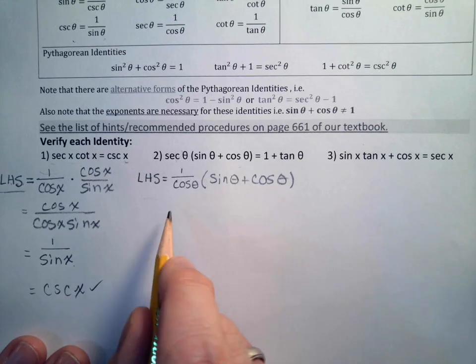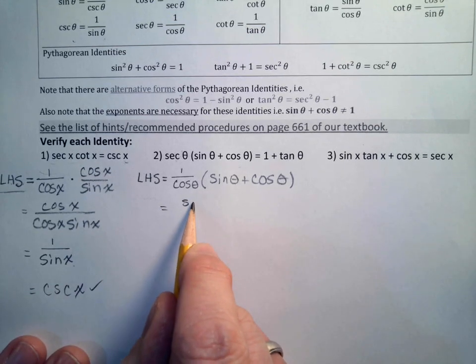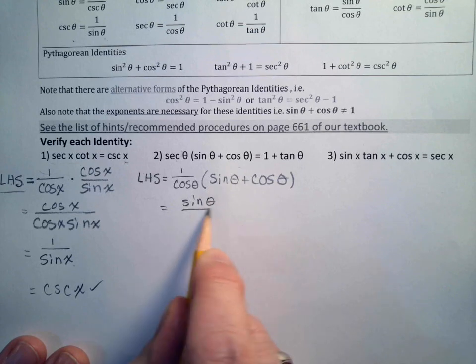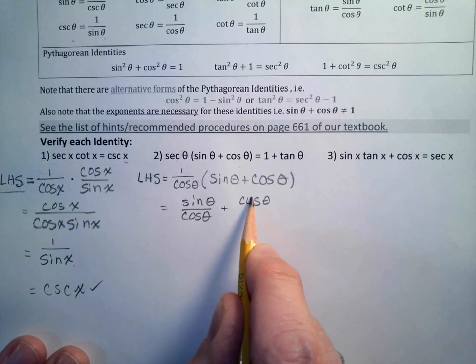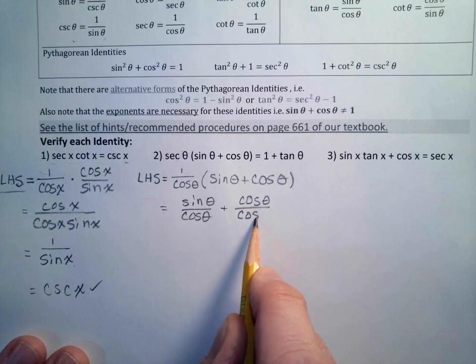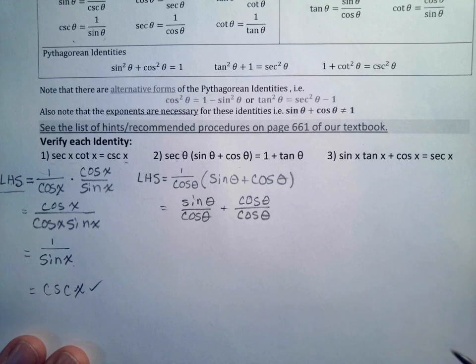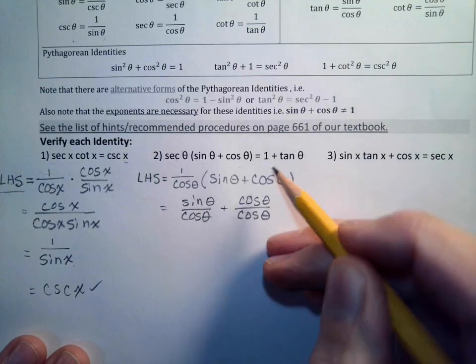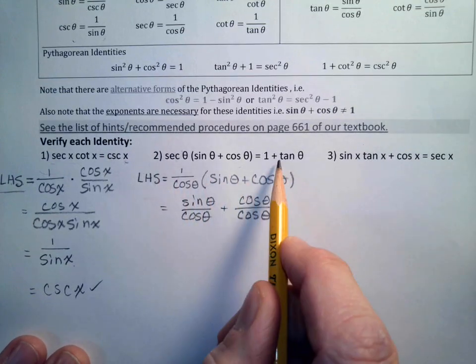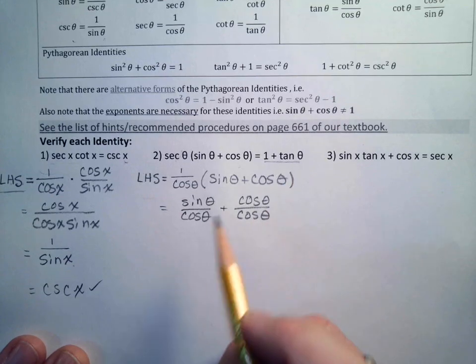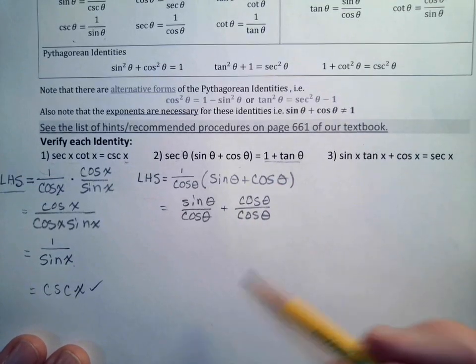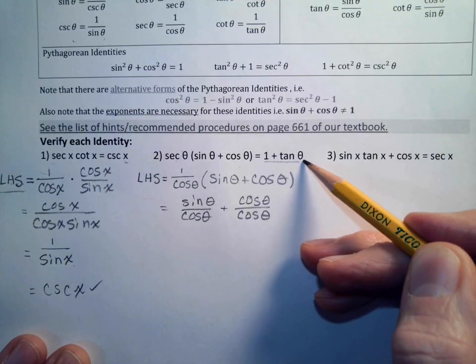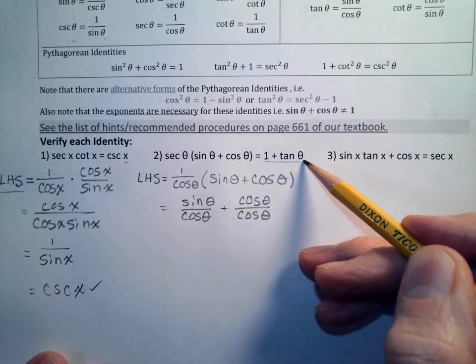And if I distribute those, what do I get? I get sine theta over cosine theta plus cosine theta over cosine theta. And again, some people might look at this and be able to just jump to this, but you want to show explicitly each step that you're doing. You don't get credit for just writing the right-hand side down in this case.